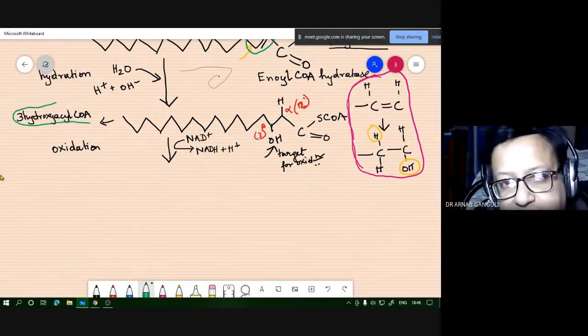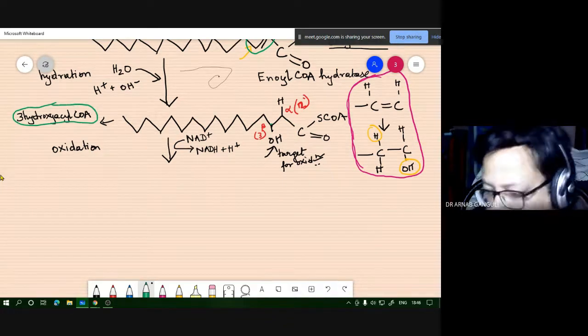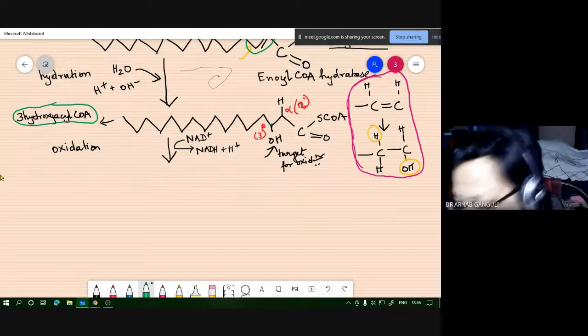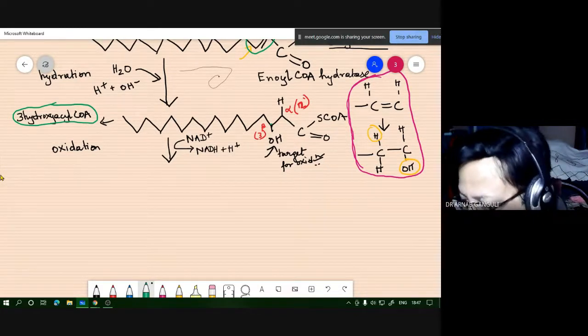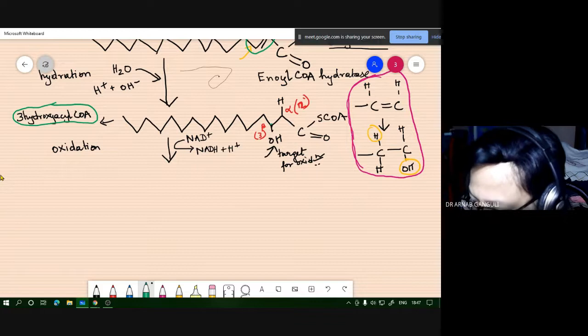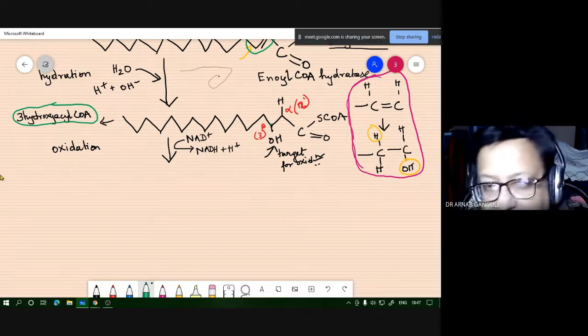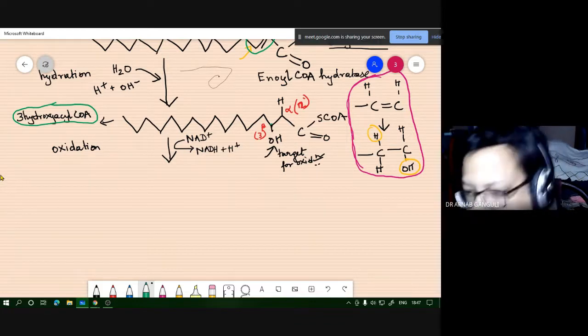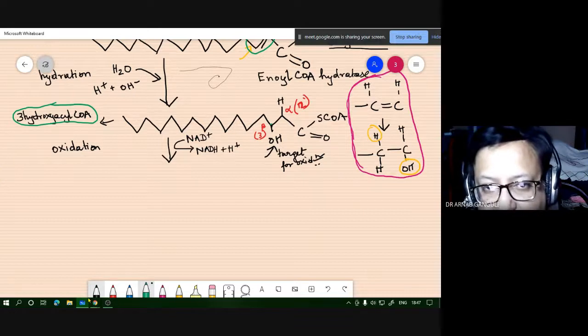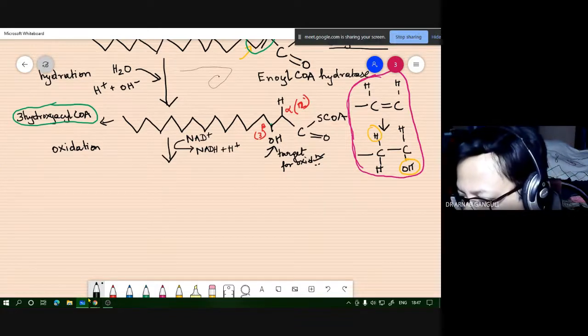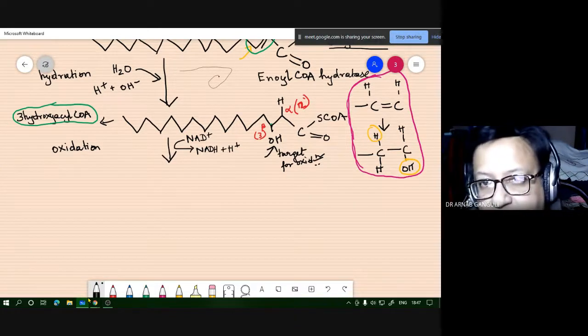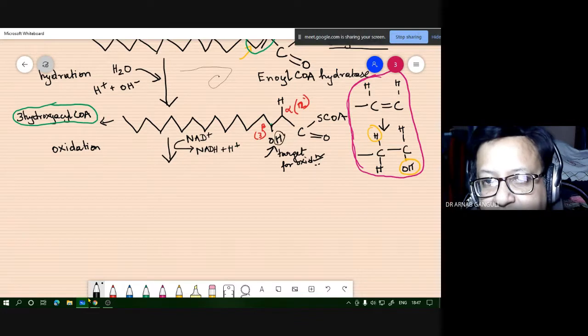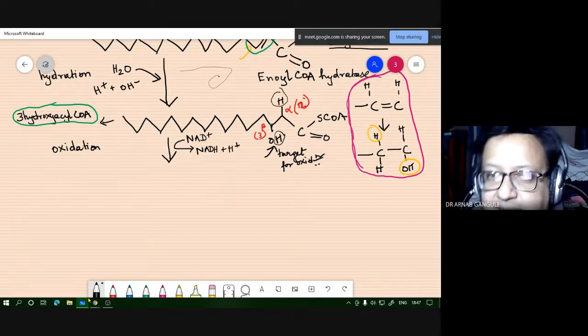Therefore it is known as 3-hydroxy acyl CoA. Okay. Now this results in this particular compound. It will steal away this hydrogen and this hydrogen again.